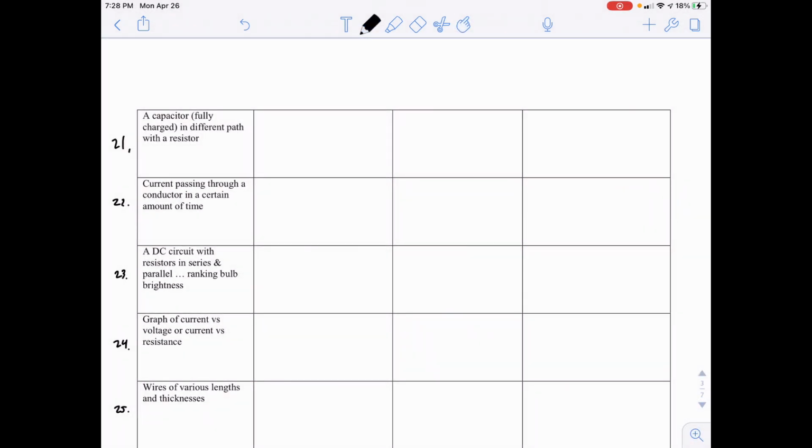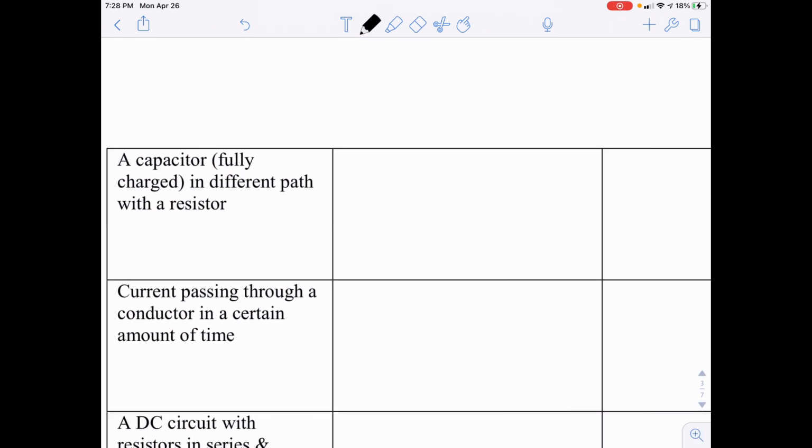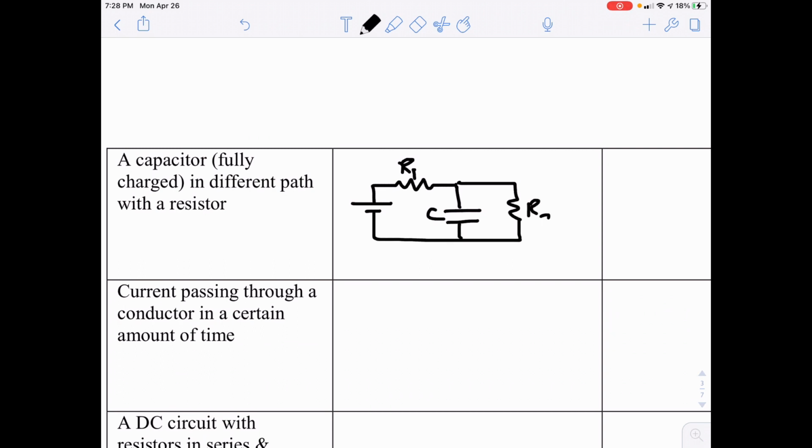In number 21, we have a fully charged capacitor, but this time it's on a different pathway, a parallel pathway. We could have resistor 1, a capacitor, and then resistor 2.